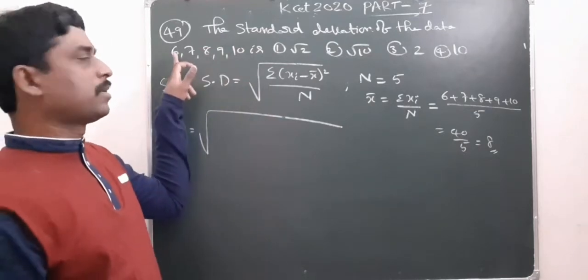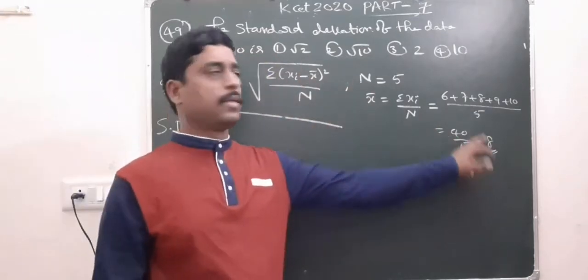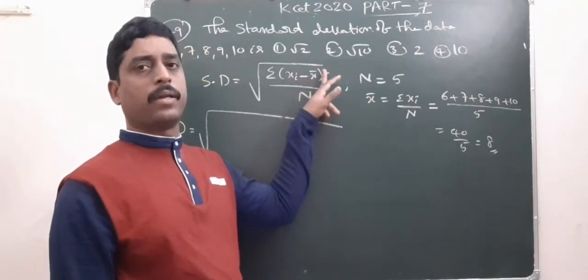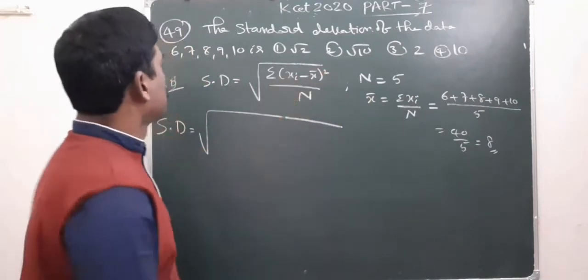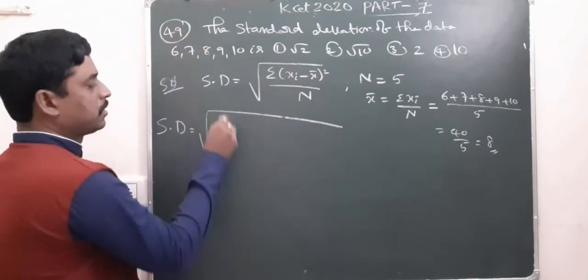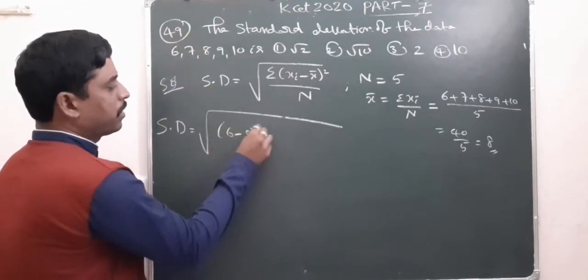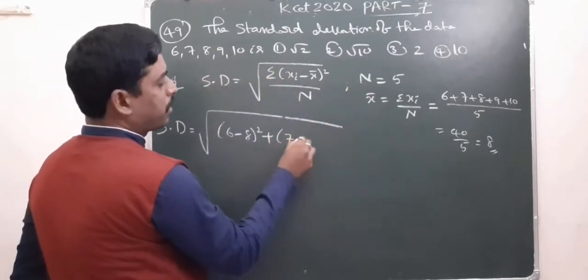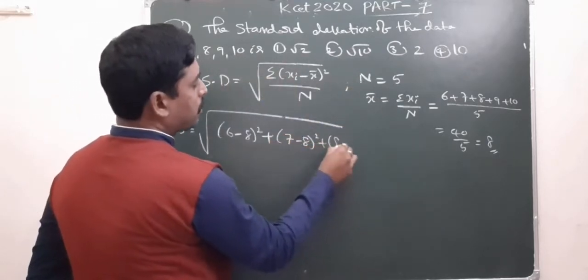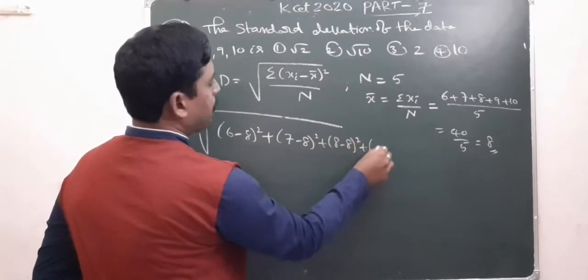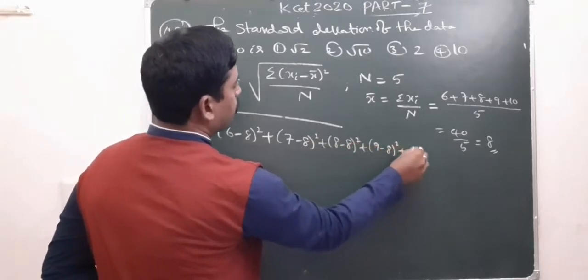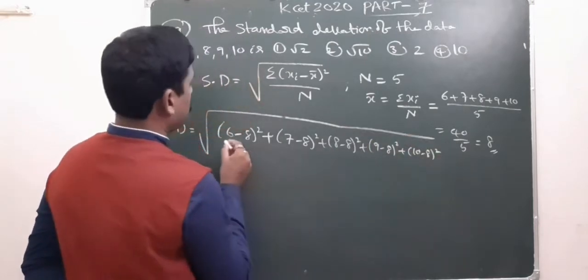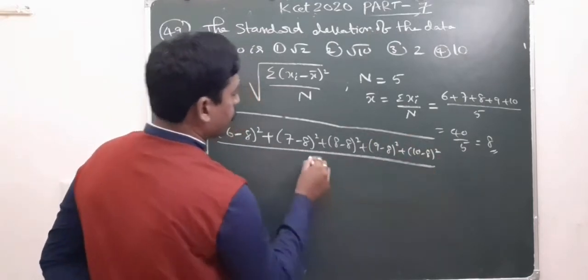First observation is 6 minus 8 whole square, next second observation is 7 minus 8 whole square plus 8 minus 8 whole square plus 9 minus 8 whole square plus 10 minus 8 whole square, this whole by 5.